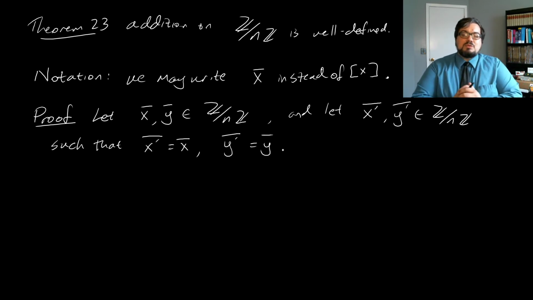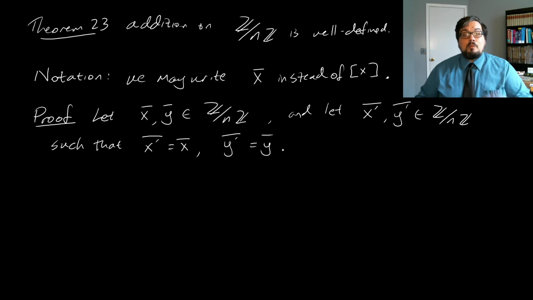So now x, y, x prime, y prime are a whole bunch of integers, and we're looking at their equivalence classes. This condition that x prime bar equals x bar means that x prime is another representative for the equivalence class of x. It's just another way of writing down what the equivalence class of x is.